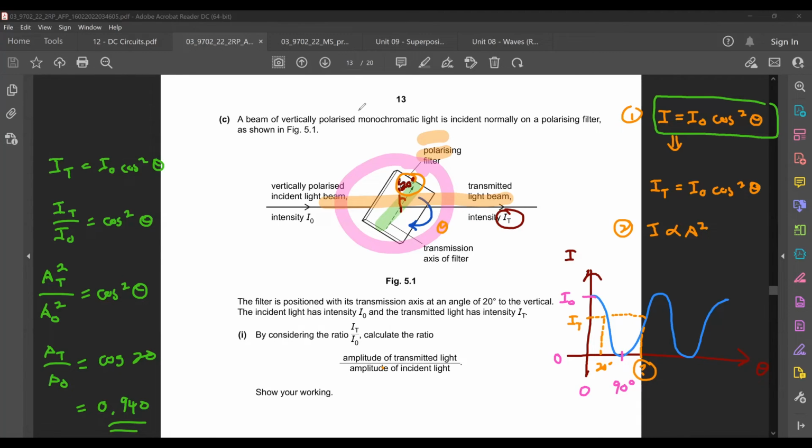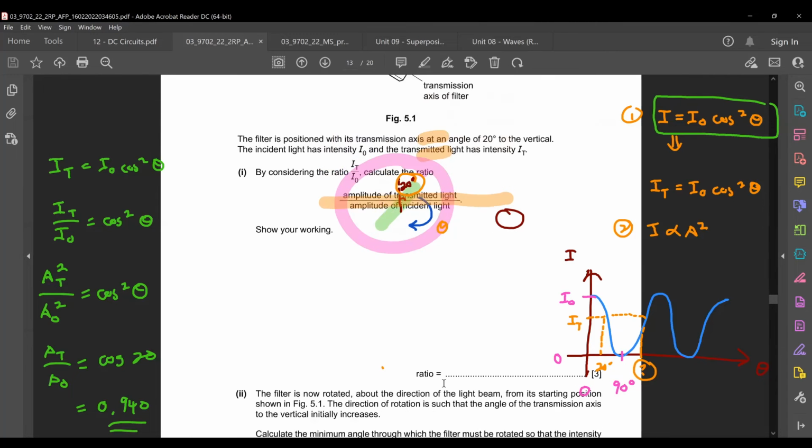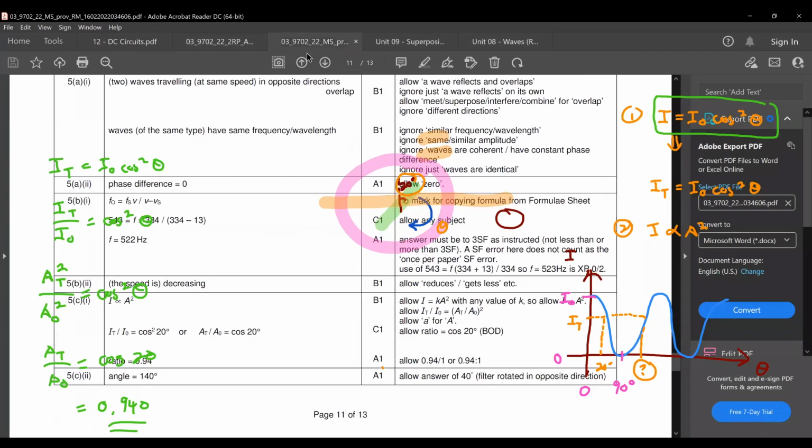If you see from here, this one would be 90 plus 20. The answer was 140 though. Okay, this one the answer is angle of 140 degrees. So how am I going to get that answer?